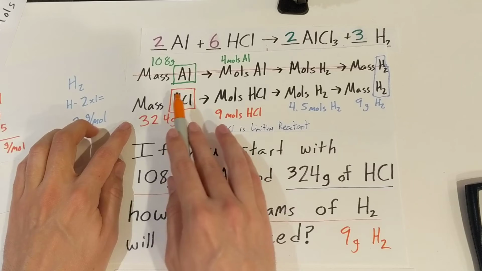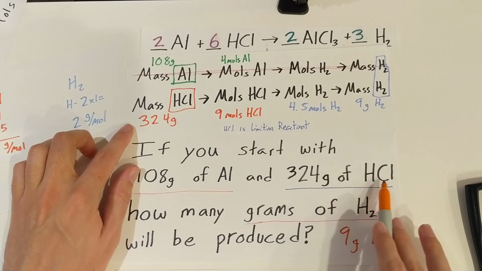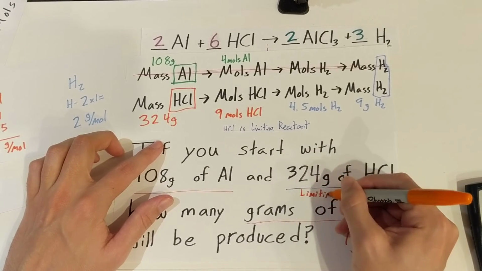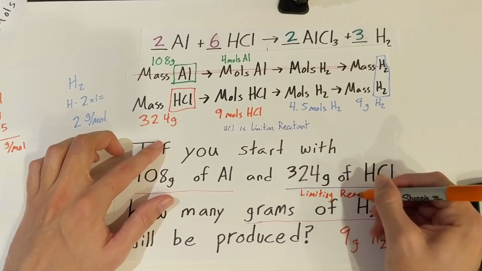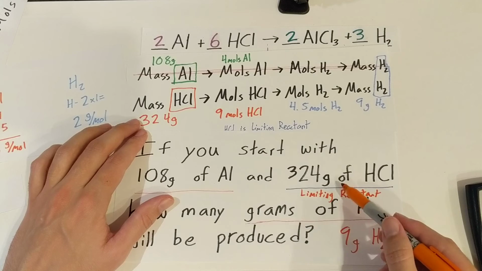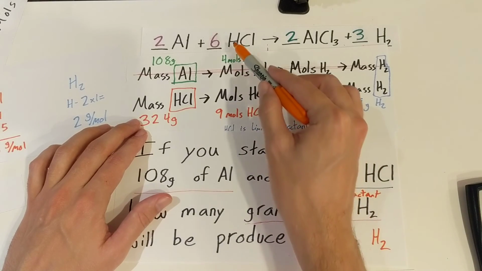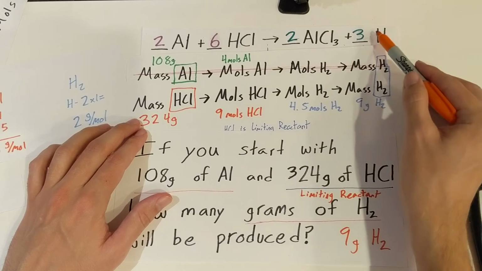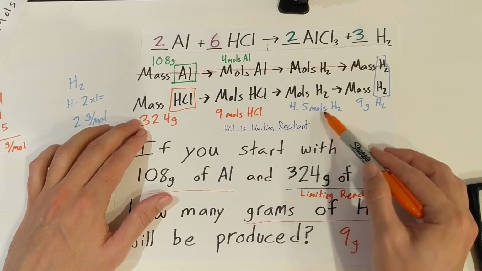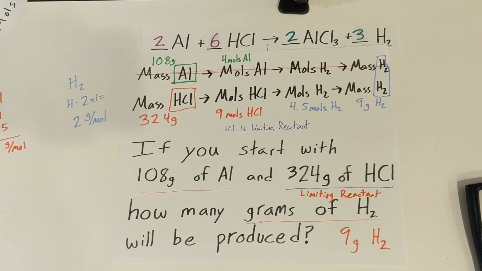And we went through this whole map going from 324 grams of HCl, which was our limiting reactant, converted that to moles, which was 9 moles, converted 9 moles of HCl into 4.5 moles of H2, and then we converted 4.5 moles of H2 to our 9 grams of hydrogen.